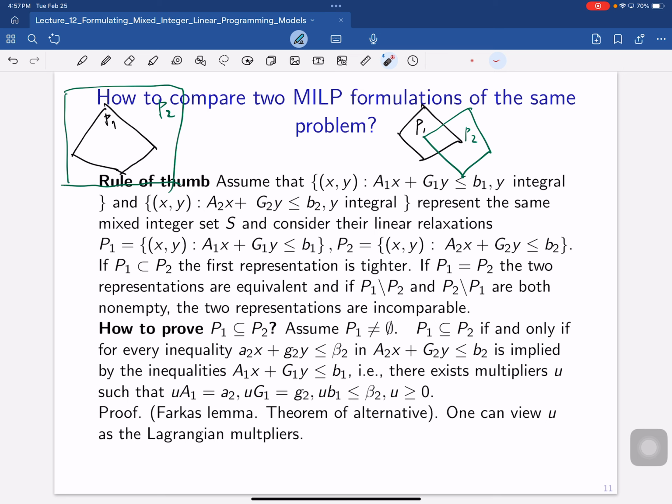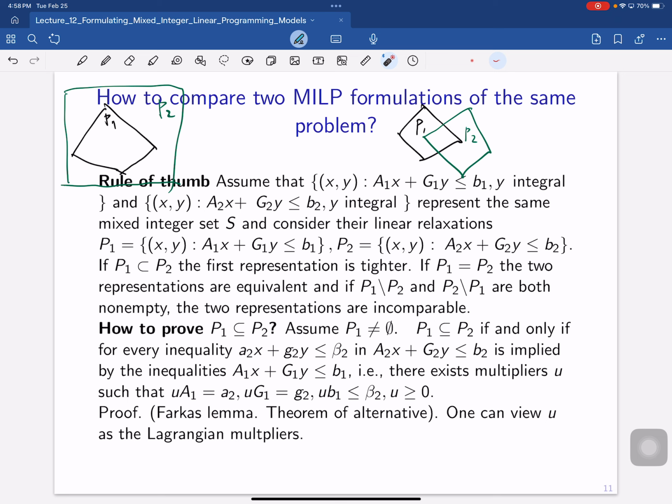The way you show that is to pick any point in the first set and show it is also in the second set. But for a polyhedral set, that's very hard to do, because polyhedral sets are not described by points, they are described by constraints. So you cannot show that easily, unless you have some sort of inner approximation of the polyhedral set, like the convex hull of extreme points.